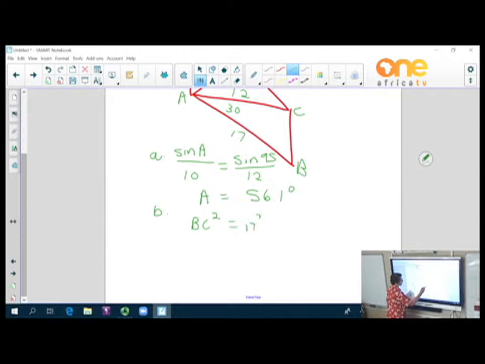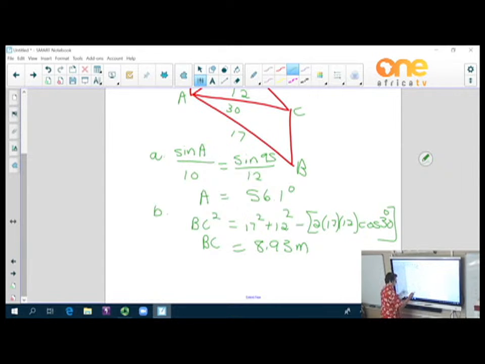So it is 17 squared plus 12 squared minus, in brackets, 2 times 17 times 12 cosine 30 degrees. And I got that BC, remember it's not BC squared anymore, is 8.93 meters.